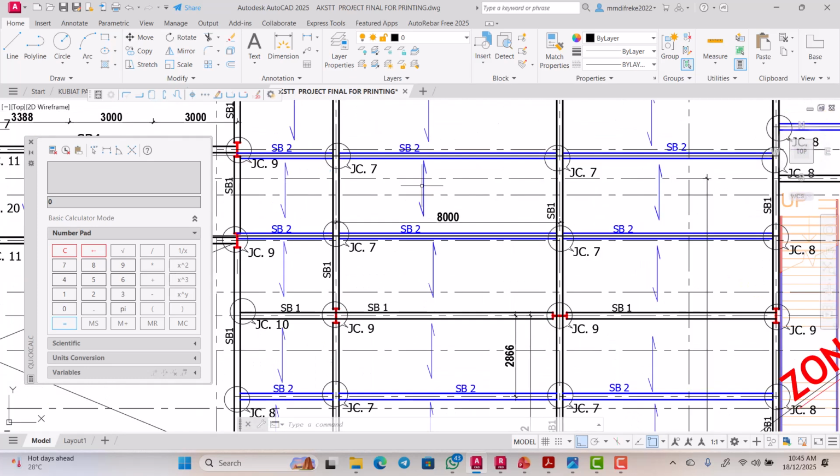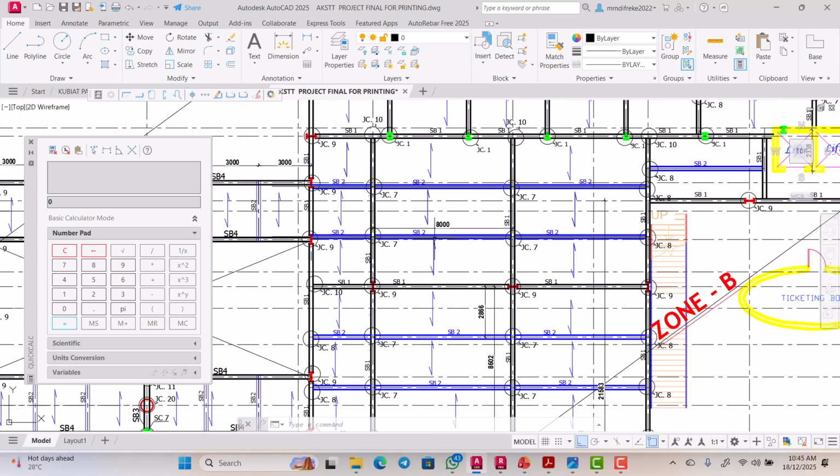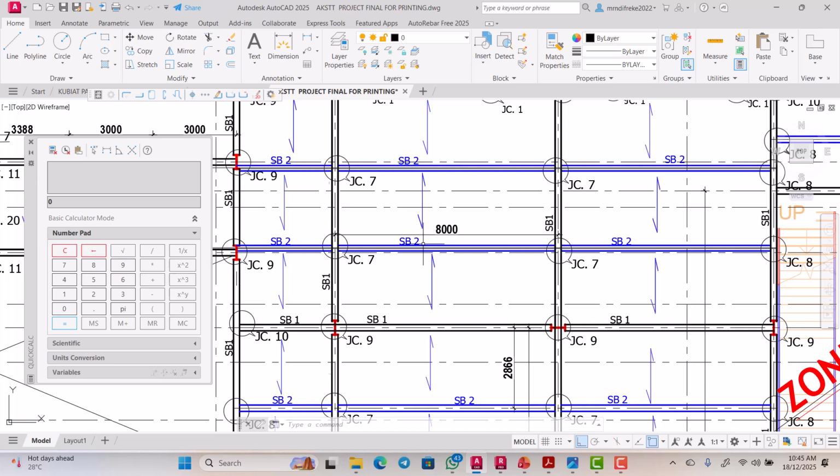So this constitutes load to this beam, and this constitutes load to this beam. When you consider the condition for the restrained beam, you see that the top flange of this beam is completely restrained, which makes this beam a restrained beam.